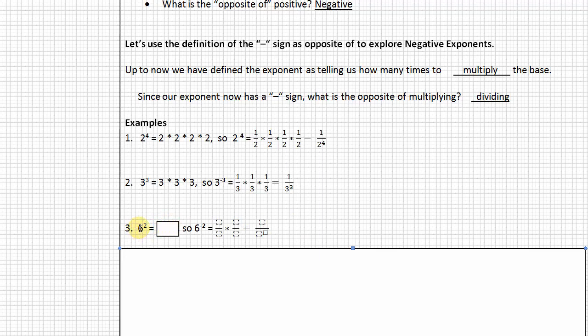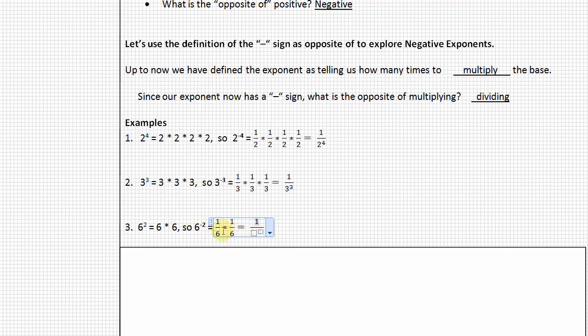So if you said 6 to the second power is 6 times 6, then we would want to start interpreting 6 to the negative power as being 1 over 6 times 1 over 6, or 1 divided by 6, and doing that twice because it's a negative 2 exponent. 1 times 1 is still 1.